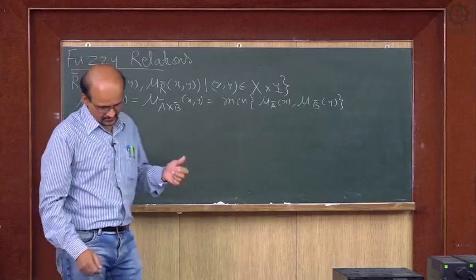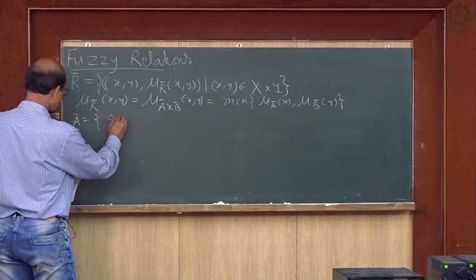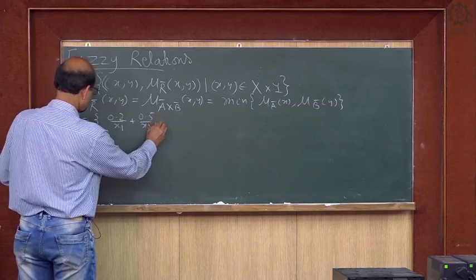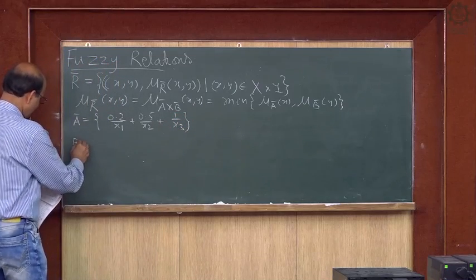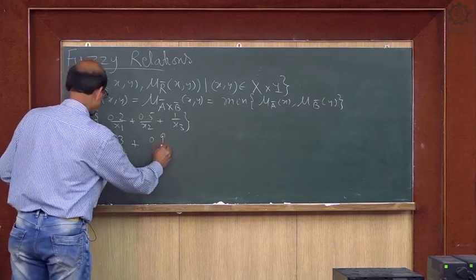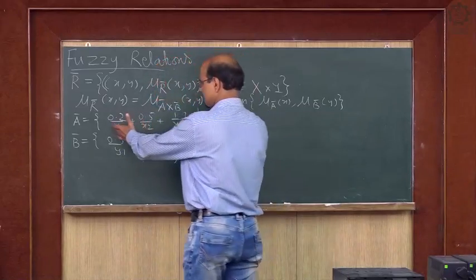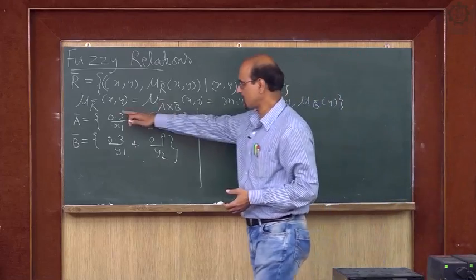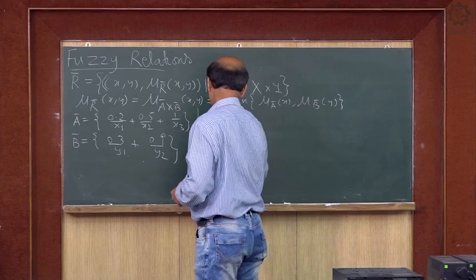So, we had the example as A bar is equal to 0.2 by x1 plus 0.5 by x2 plus 1 by x3. And B bar we had 0.3 by y1 plus 0.9 by y2. This is in capital X, this is in capital Y. Then I can form the relation matrix here like this, R bar.